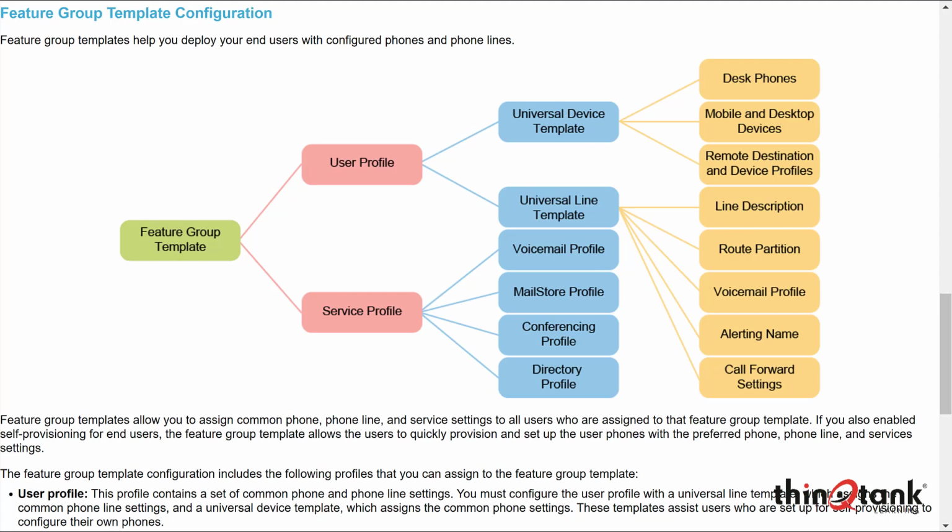Again, we're talking about being able to assign common services and common configurations to these users that are ultimately being synchronized from LDAP. When you configure a feature group template to include the user profile and a service profile, and then we assign that feature group template to the user, any phone that user provisions is going to inherit those properties.